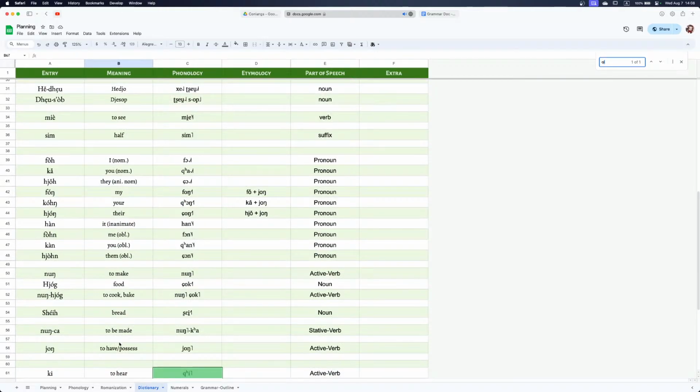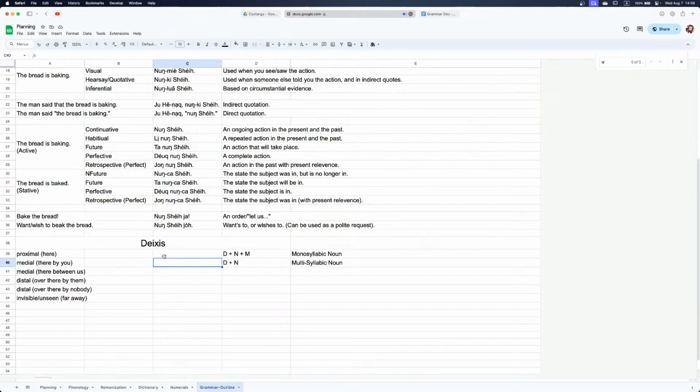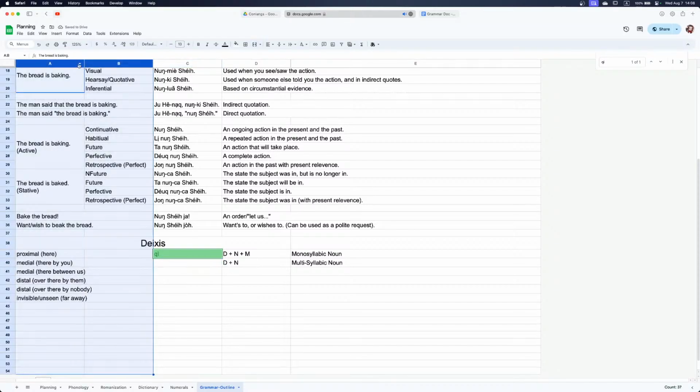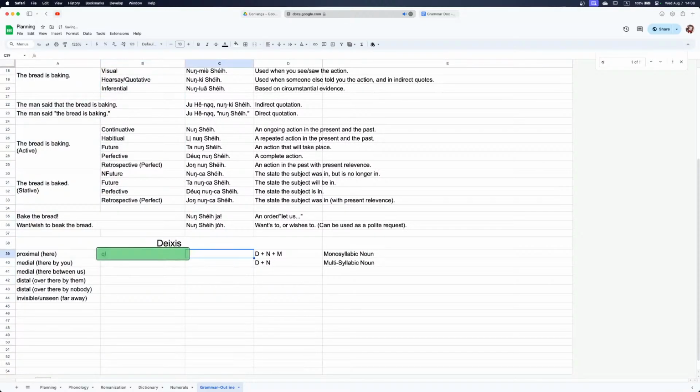Qi is being used for to hear, but qi with a rising tone isn't. So let's add qi for here, this.